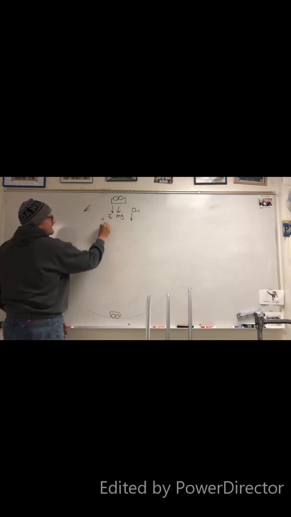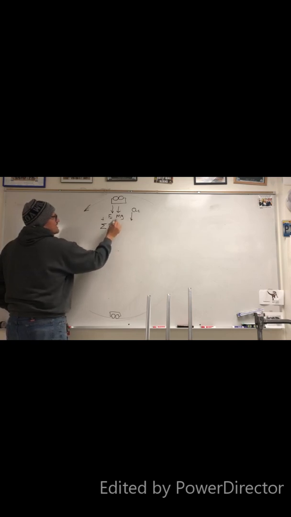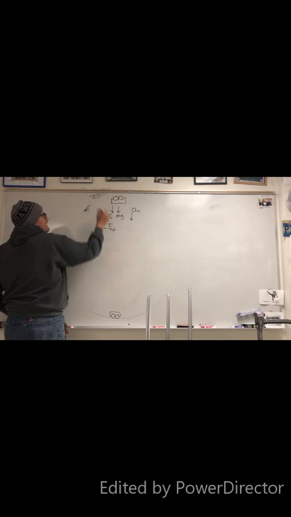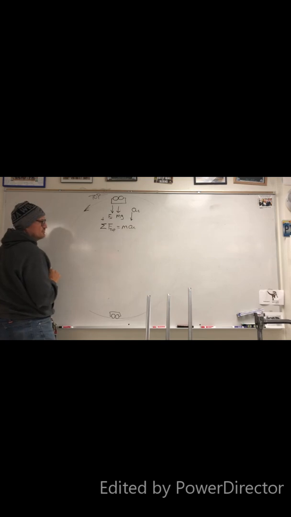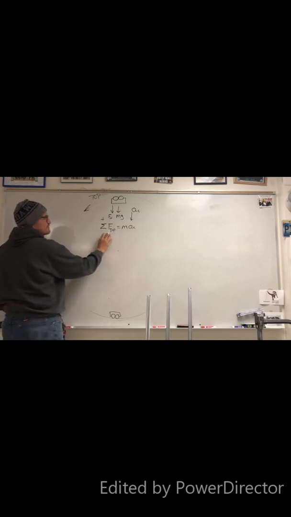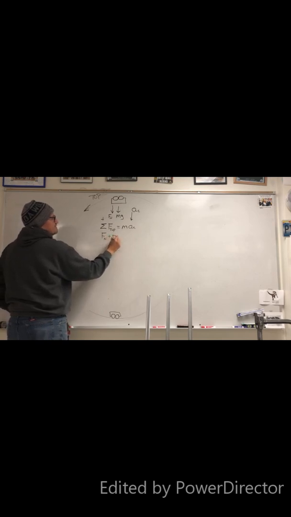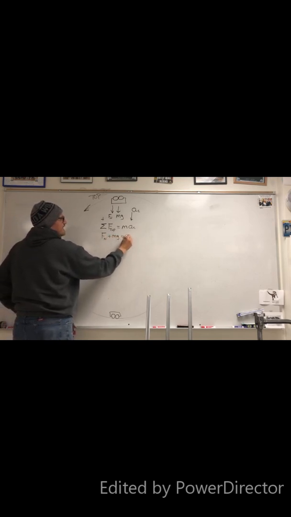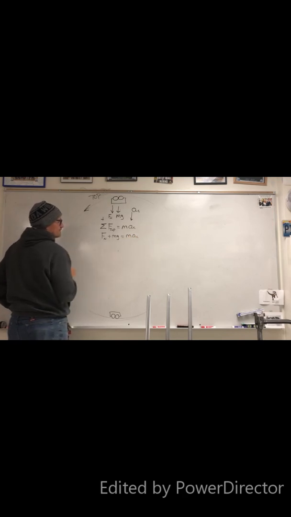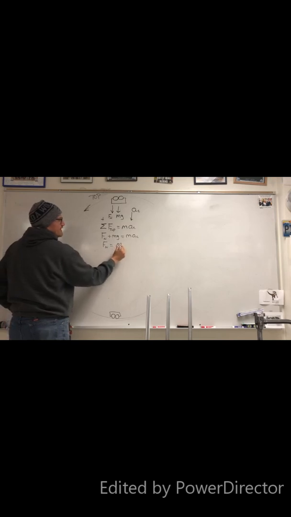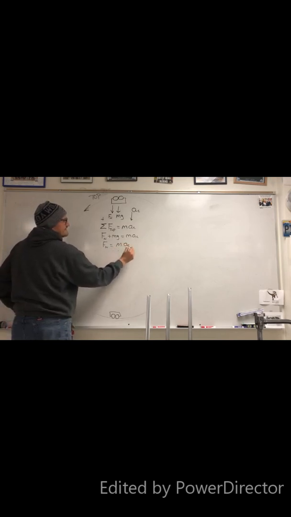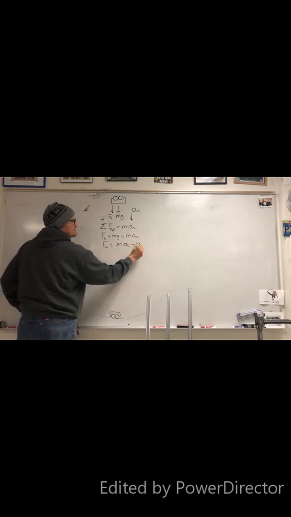So we have the sum of the forces on top. We'll call this the top region. The sum of the forces equals mass times centripetal acceleration. So on the top, the sum of the forces, we have the normal force plus mg equal to m a_c. So the normal force, just like the elevator problem, equals m a_c, and this time it'll be minus mg.